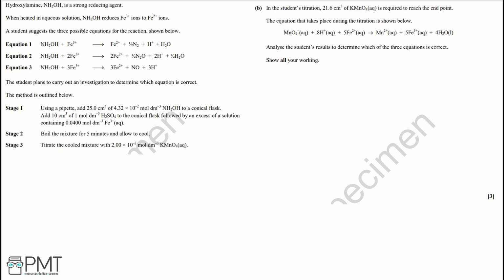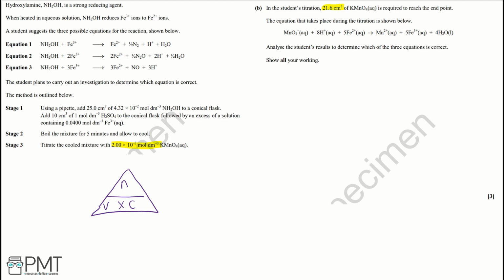So we're going to use the same equation triangle as we did in part A, n divided by volume times concentration. In the question, we're given the volume of MnO4 minus, or KMnO4, and then we're also given the concentration in stage 3, 2 times 10 to the negative 2. So using these pieces of information, we can work out the number of moles.